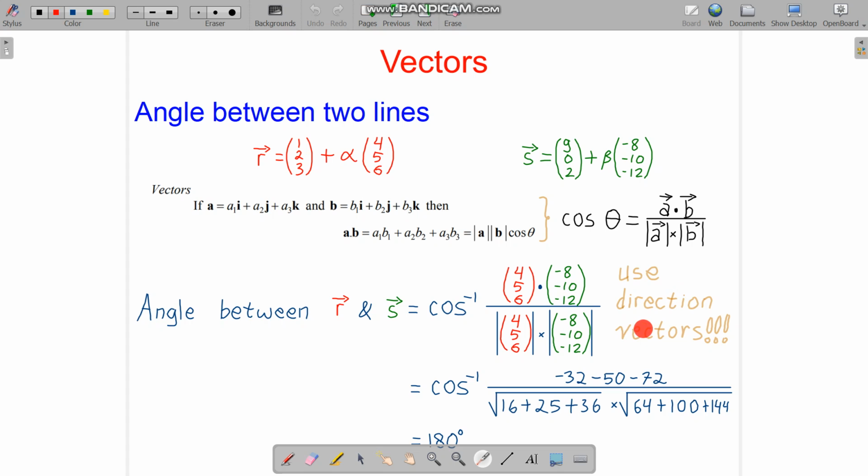And remember, we use the direction vectors only. We don't use the position vector, we don't use the point, we only use the direction. So we get this, and you just use your calculator, and actually we have parallel lines here.